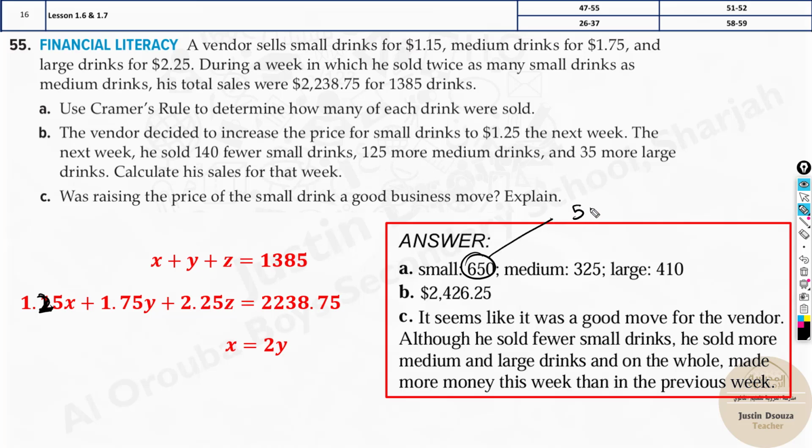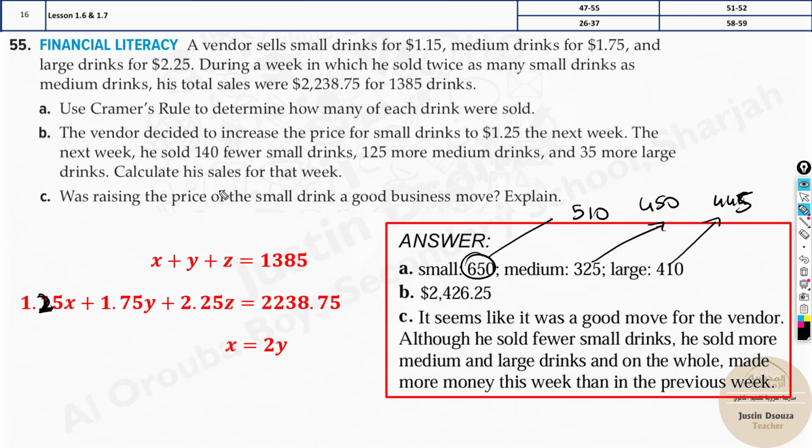So this becomes 510 drinks in a week, not 650 anymore. But there was an increase in medium drinks. See, 125 more medium drinks. So it'll be 450 drinks. And lastly, 35 more large drinks. So this became more by 35. So it's 445. So this is all the answers we got.